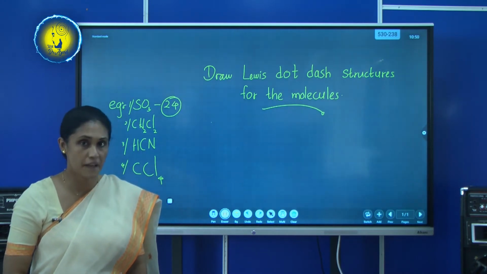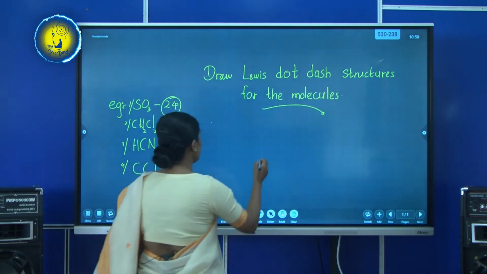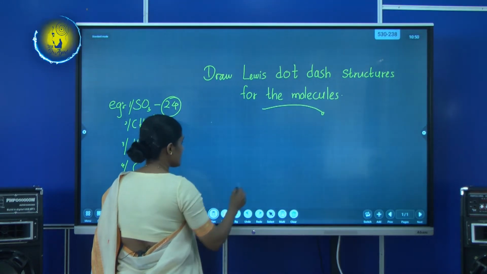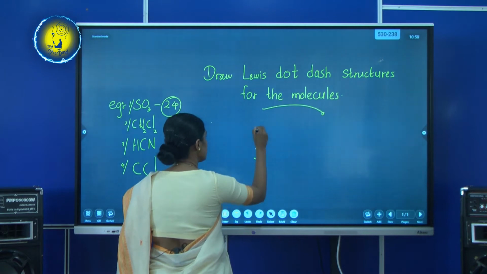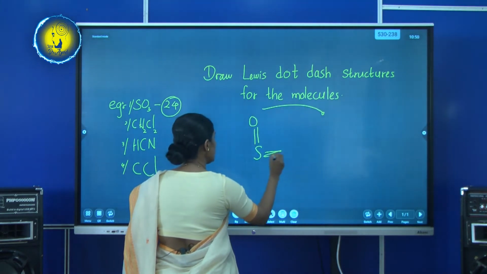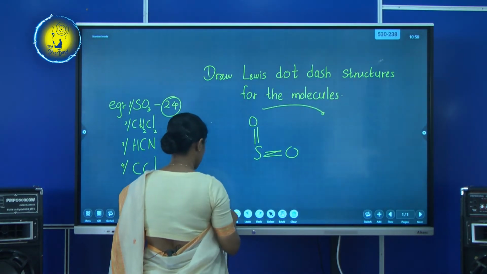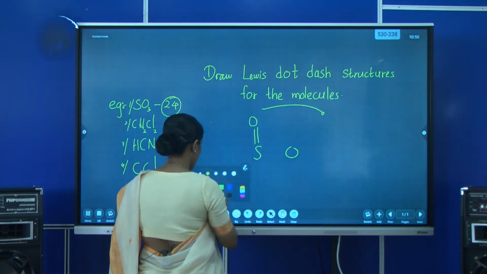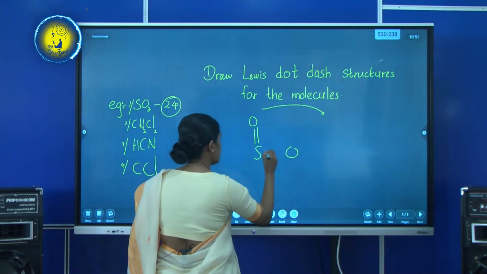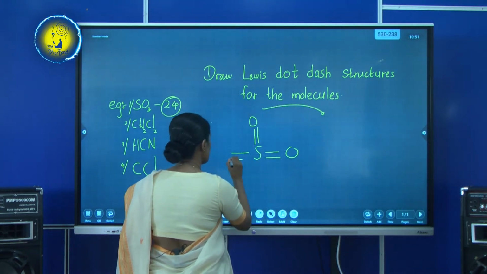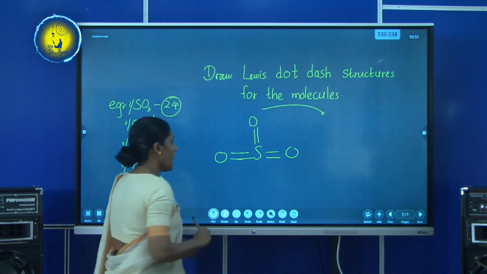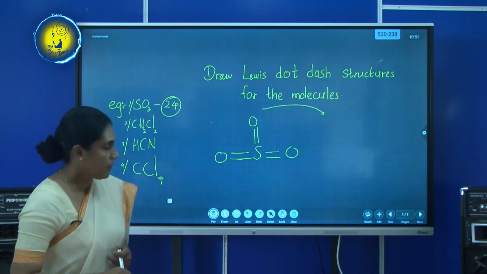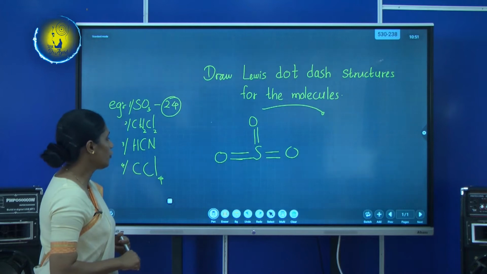According to your note, you have seen that sulfur has double bonds with oxygen, and there are lone pairs to be marked. So where am I going to draw the lone pairs?